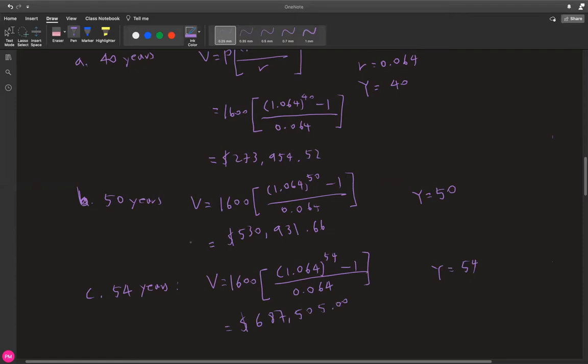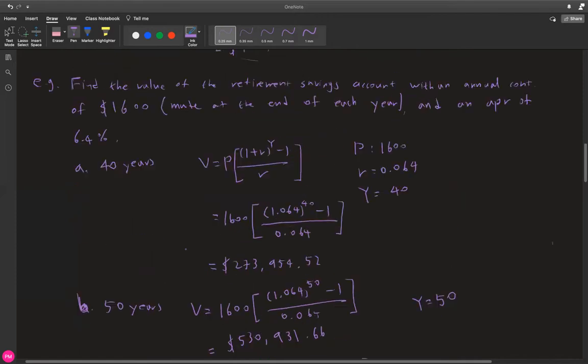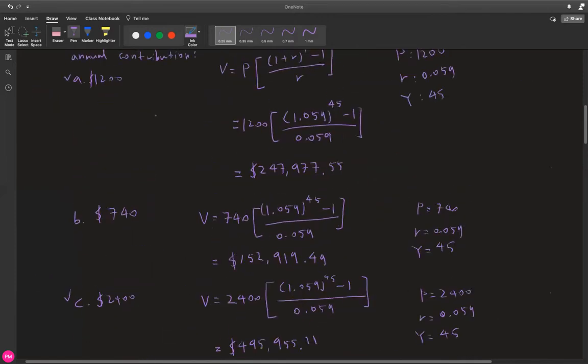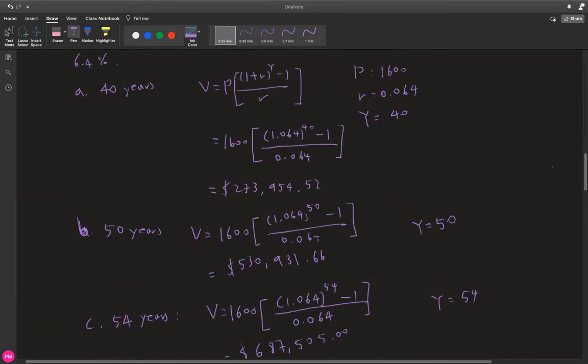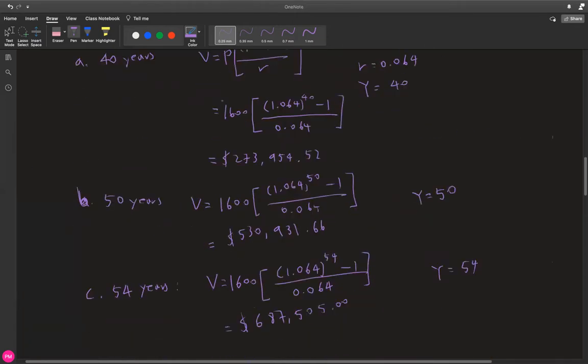If you leave it to mature a little longer, the longer you let it mature, it grows exponentially, as opposed to when we were talking about the amount that we're contributing, it only has a linear relationship. So by doubling the amount, you would double the value. But in this case, you didn't change anything besides the number of years of maturity.